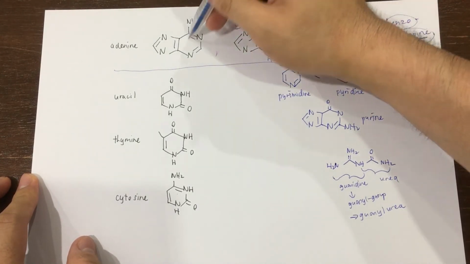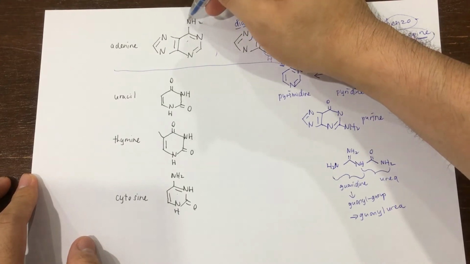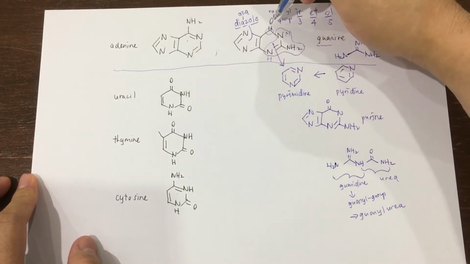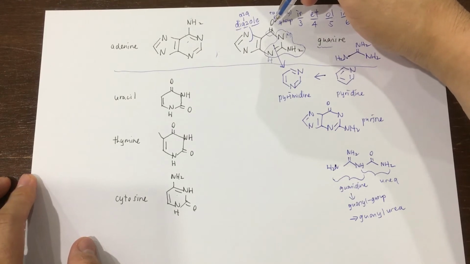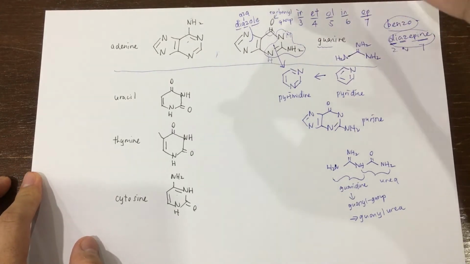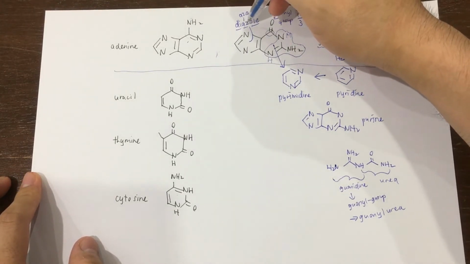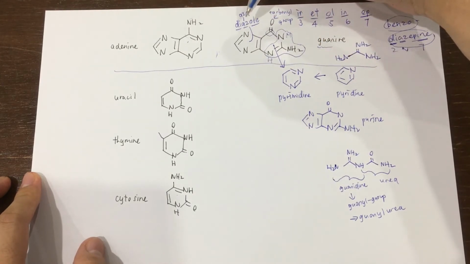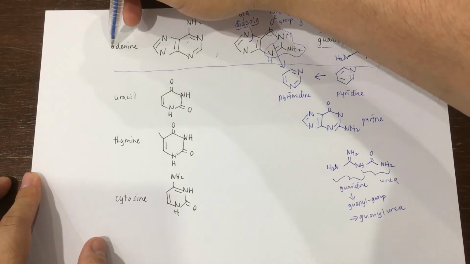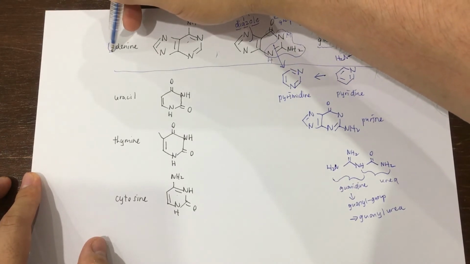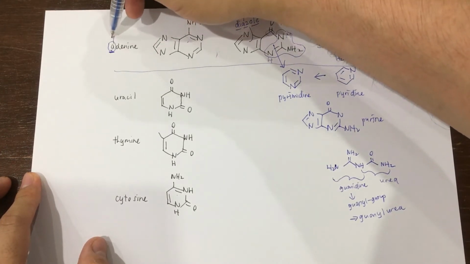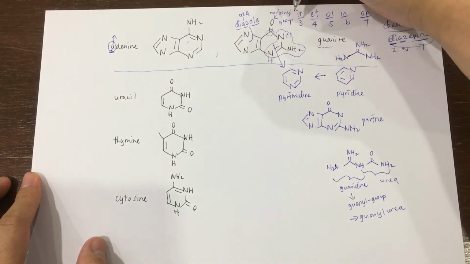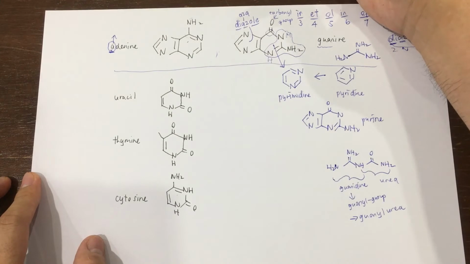However, it has an amino group at the top instead of the carbonyl group for guanine. So when we talk about the diazole here, aza means the presence of nitrogen, right? Similarly, you can also use the A here for adenine, A, to remind you that it is an amino group and not a carbonyl group at the top, of course.